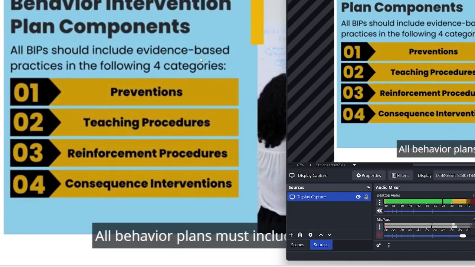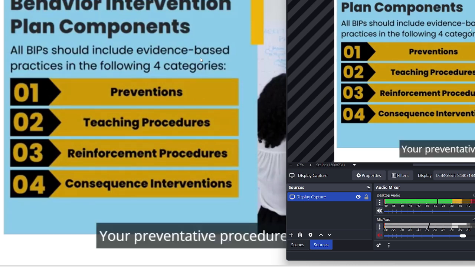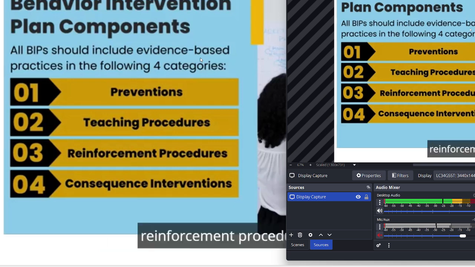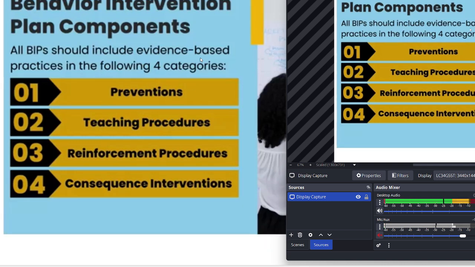All behavior plans must include evidence-based practices within these 4 categories: your preventative procedures, teaching procedures, reinforcement procedures, as well as consequence interventions.